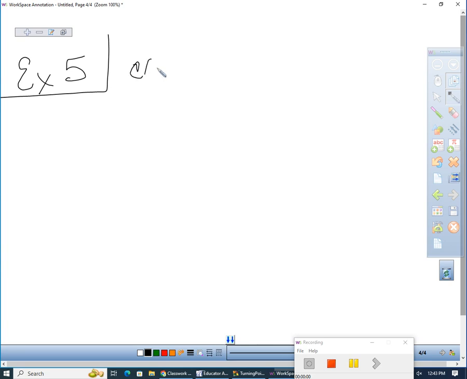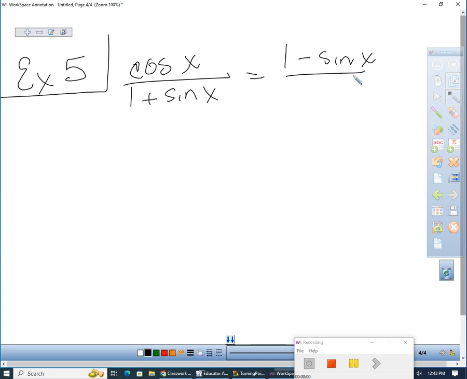Let's do cosine x over 1 minus, no, let's go 1 plus sine x. And I want to show that this equals 1 minus sine x over cosine x.